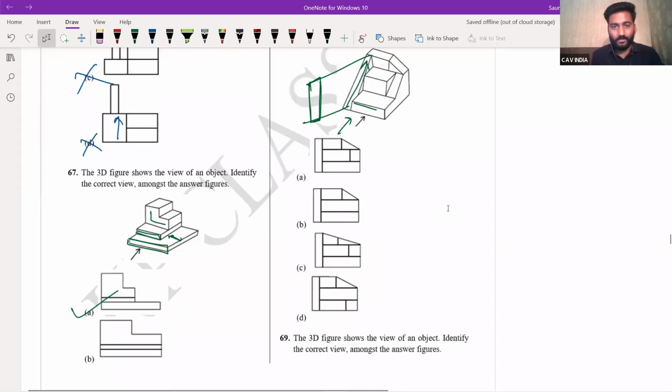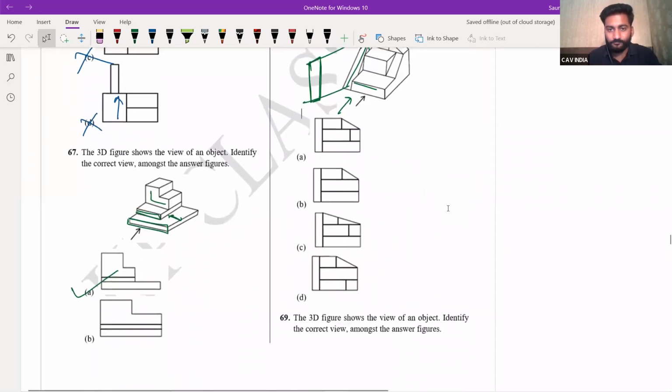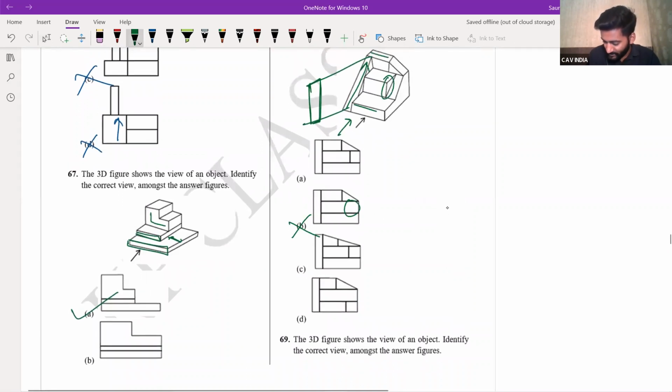Now we can observe all of these options. There should be this line, which is not here, so this got cancelled. The alignment is something like this, not a straight slant, so this got cancelled. This line should be somewhere here, so D got cancelled. A is the right answer.